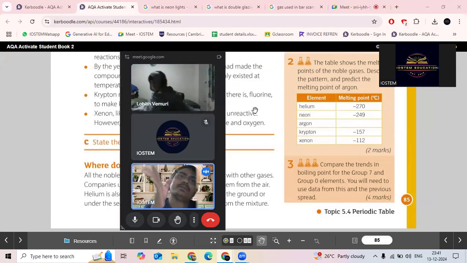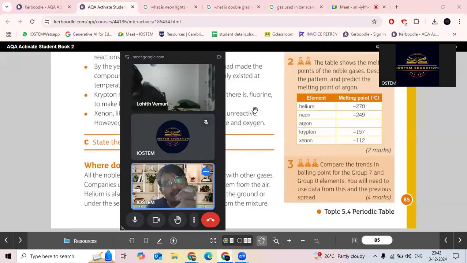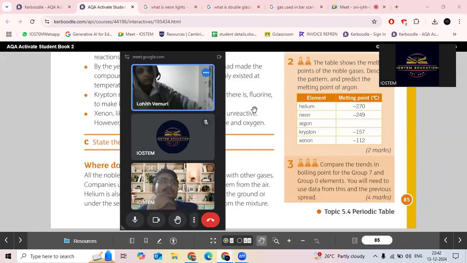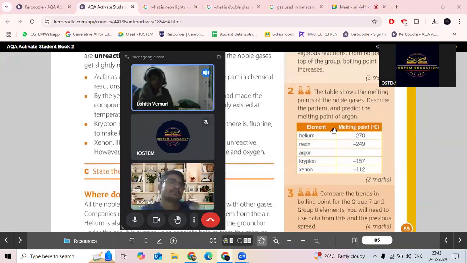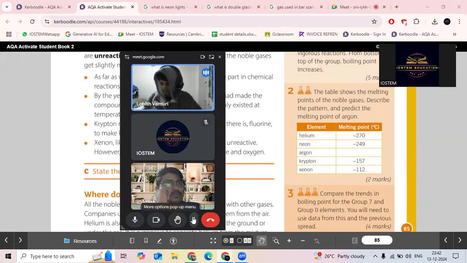The group 0 and group 7 elements, if you compare the boiling points, their boiling points... Halogens are less reactive substances and noble gases are a bit more reactive substances.